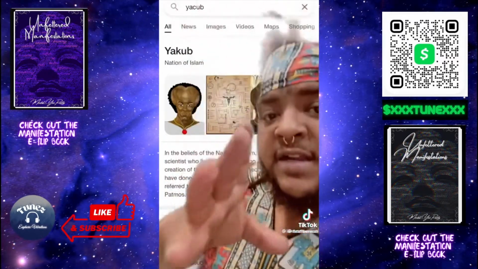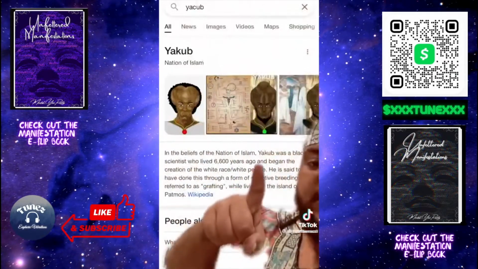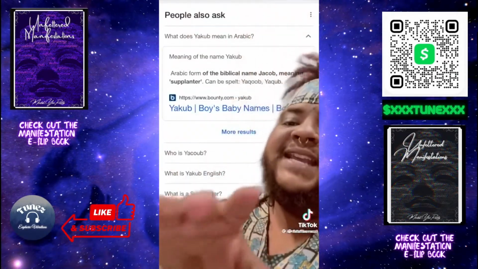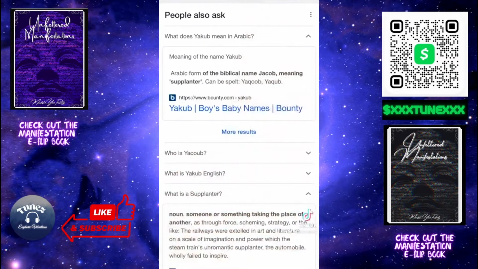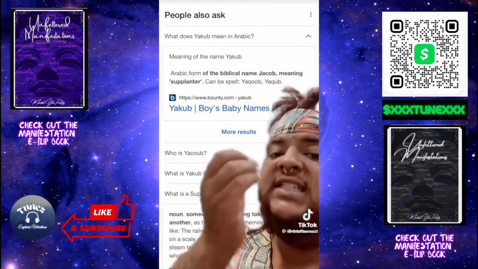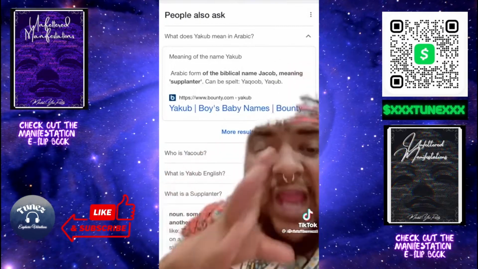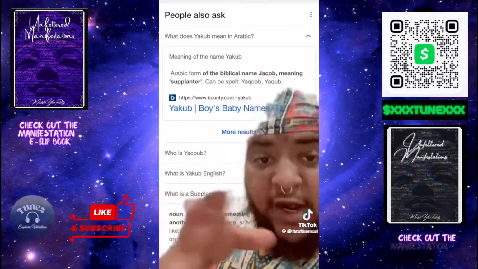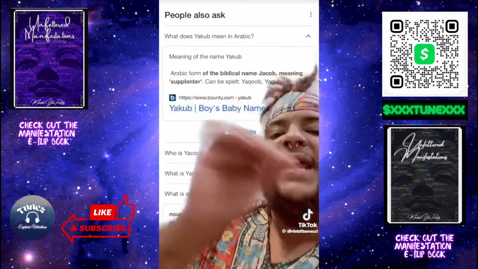Let's be clear, this is what Google says. So it says here that in Arabic, of the biblical name Jacob, meaning subplanter. So Yaqub in Arabic means subplanter.